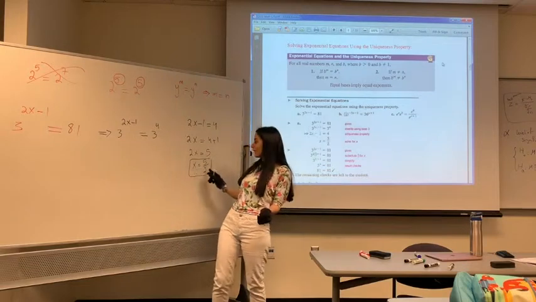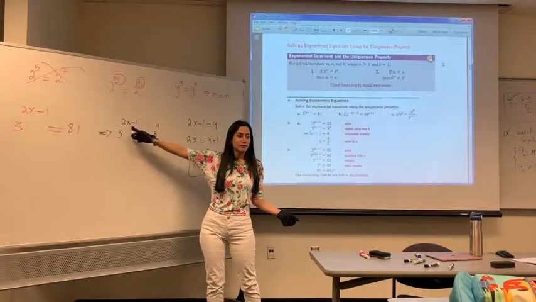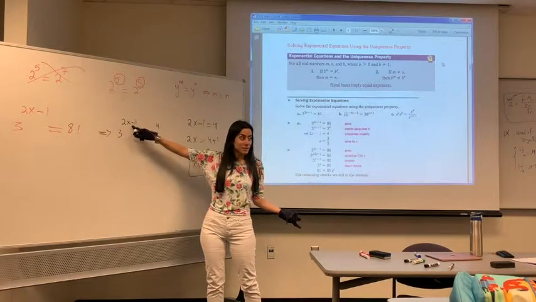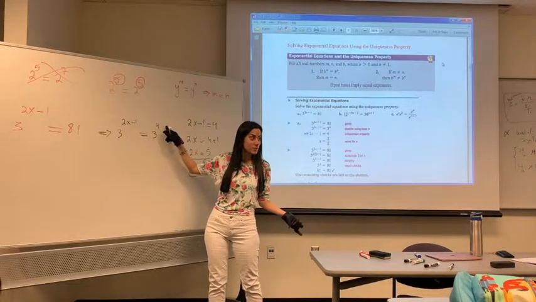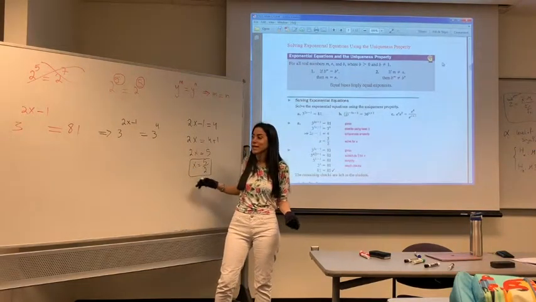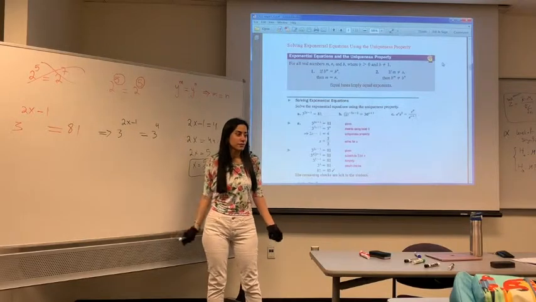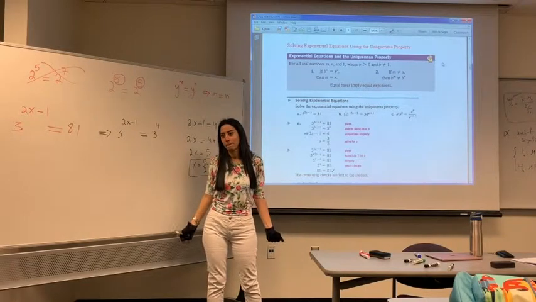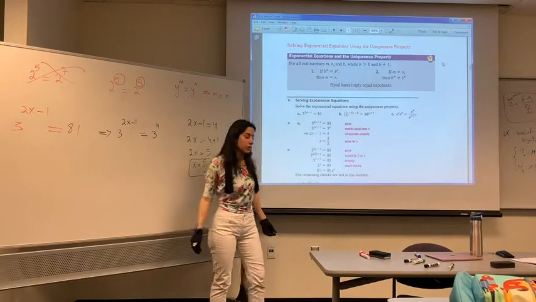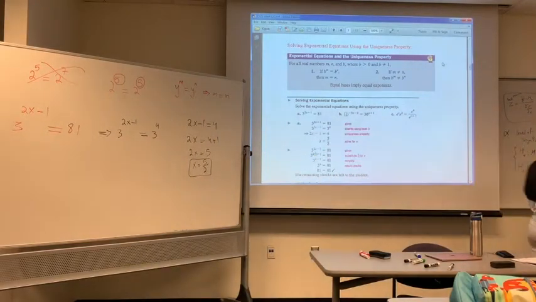If I put back 5 over 2 here, it gives you 4. Because these two powers should be the same. So 5 over 2 is the only case that gives you the same power as this one, right? Good. So in this way we are solving an exponential equation.